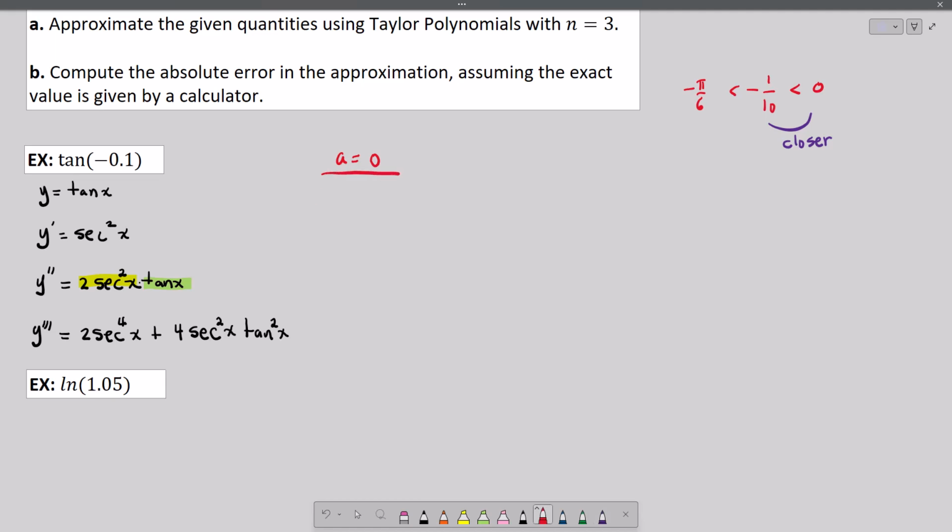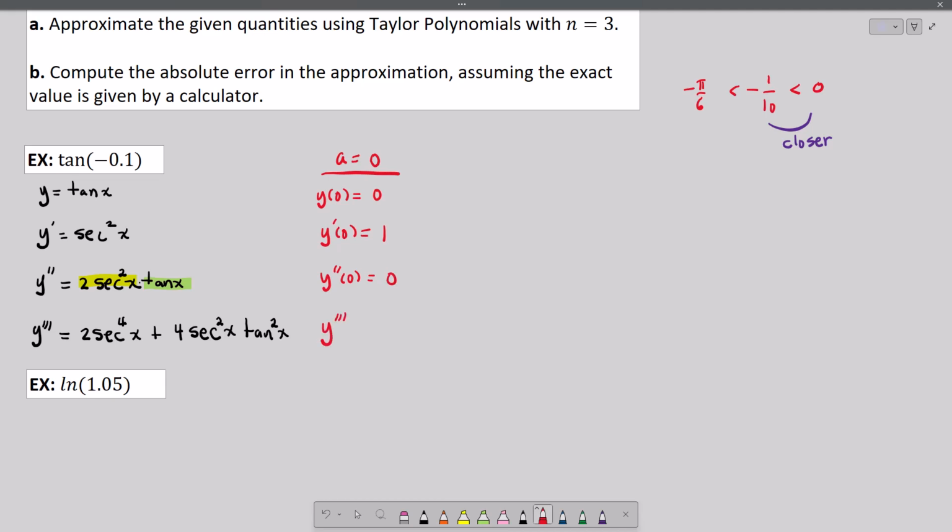So now we're going to evaluate y of 0. Tangent of 0 is 0. Y prime of 0: secant of 0. Secant of 0 is 1, because cosine of 0 is 1, and square it, we get 1. And then we have y double prime of 0. In this multiplication, tangent of 0 is 0, so that's going to be 0.